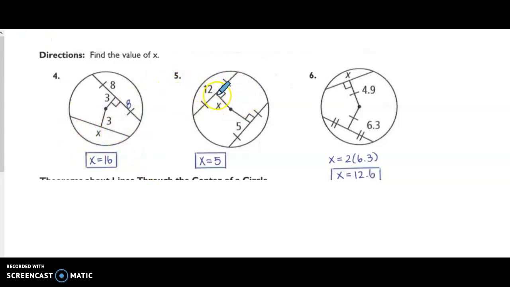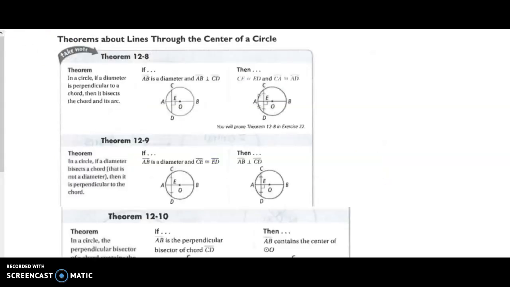Take a look at examples 5 and 6 as well. And there's a bunch of stuff here. You might have to pause or look at the blank notes here.